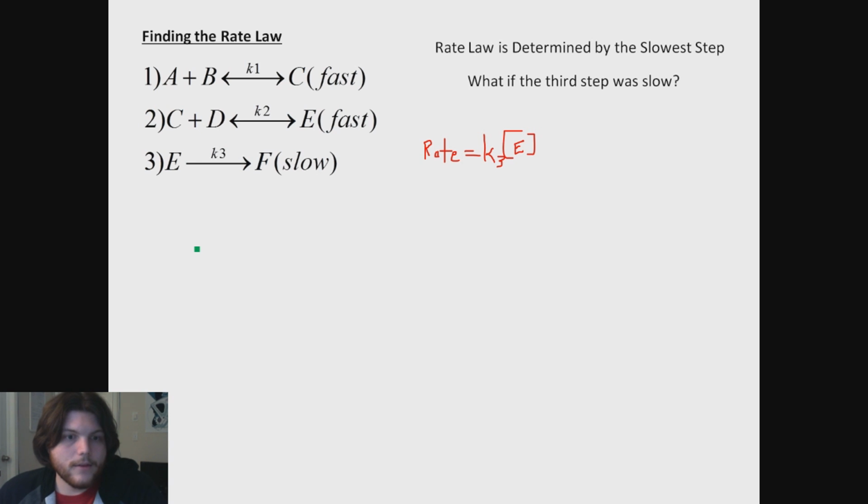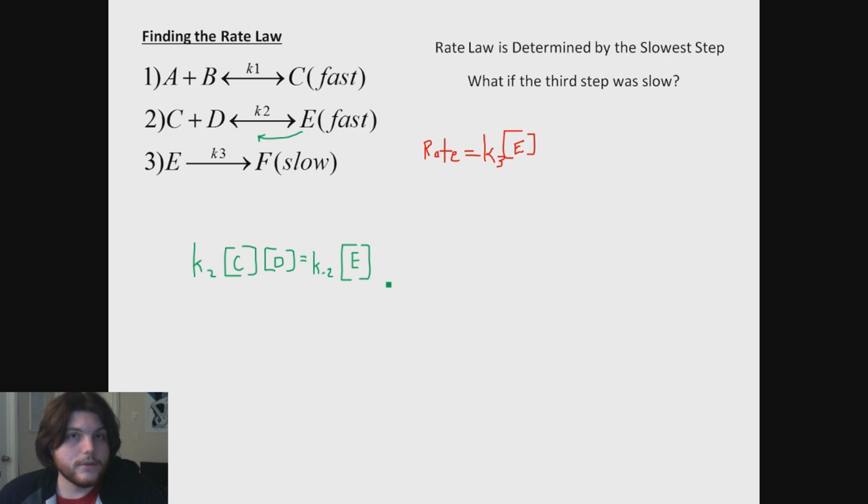So let's go ahead and write the forward rate, set it equal to the backward rate. The forward rate in this case would be equal to K2 times our concentration of C times our concentration of D. Alright? Our backwards reaction is going to be this way, that way. That's going to be equal to K negative 2, there we go, times our concentration of E.